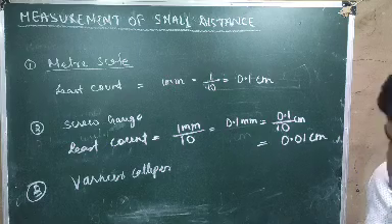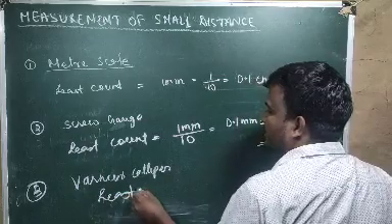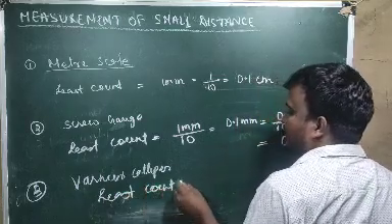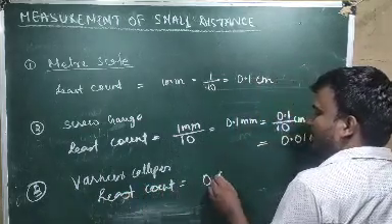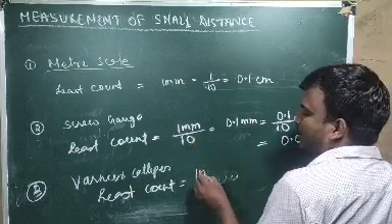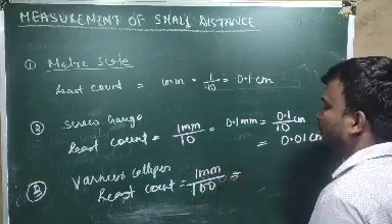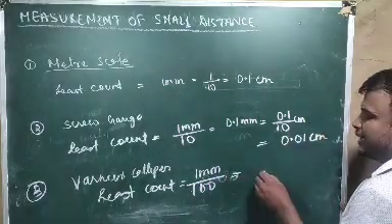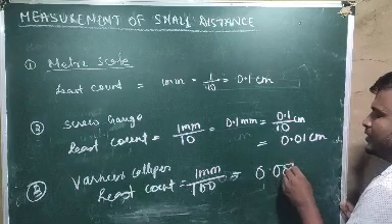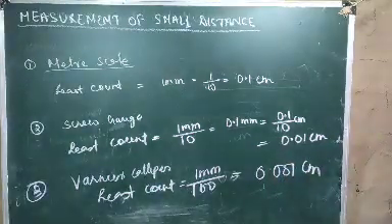So for this, the least count, since 1 mm is divided into 100 parts, will be 0.001 centimeter. So this is the measurement of small distances.